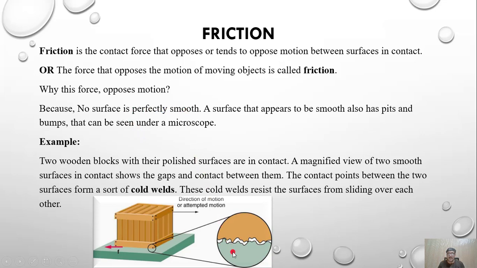Why? Because there are some pits and bumps, and we can see these pits and bumps only when we use a microscope. Under a microscope we can see these pits and bumps, and these are also known as cold welds. So this is the reason why friction occurs between surfaces which are in contact with each other.